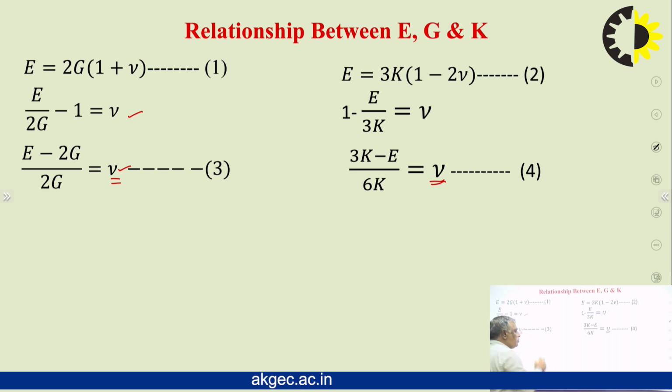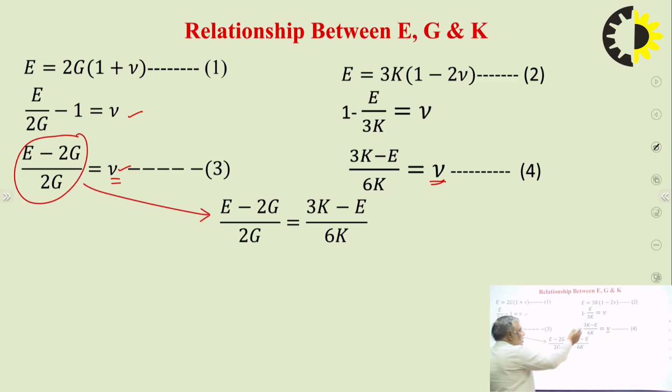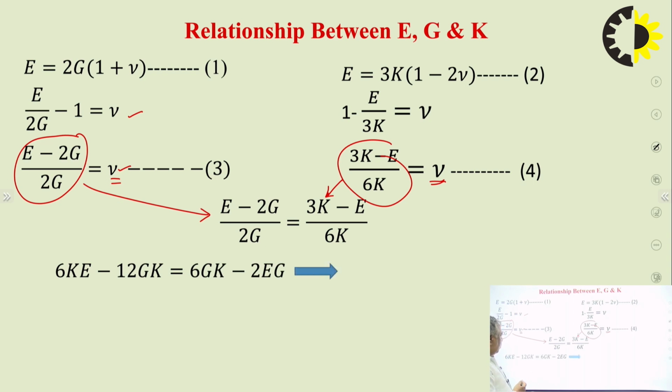So, from equations 3 and 4, we can equate the left-hand sides of these two equations. So (E − 2G)/2G equals (3K − E)/6K; this is a material property, as I have already said. Now solve it. This is just a cross multiplication first, as shown here.